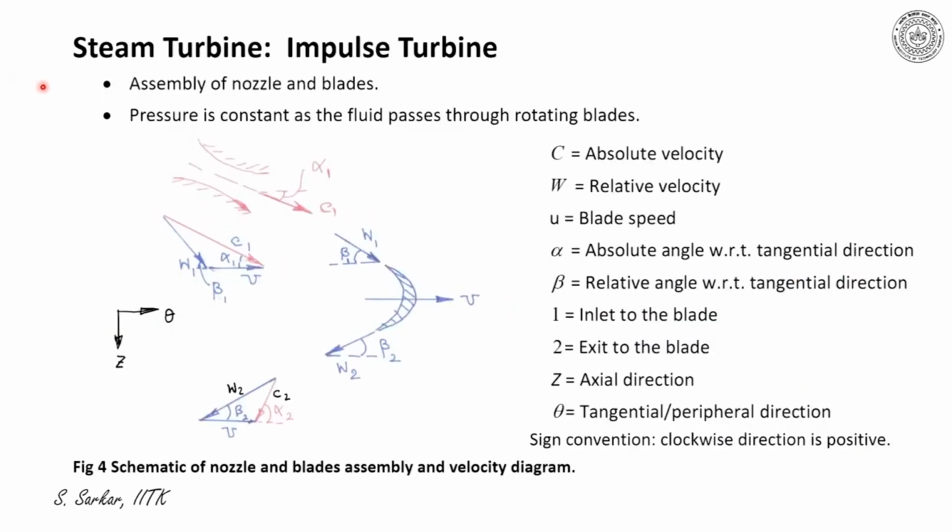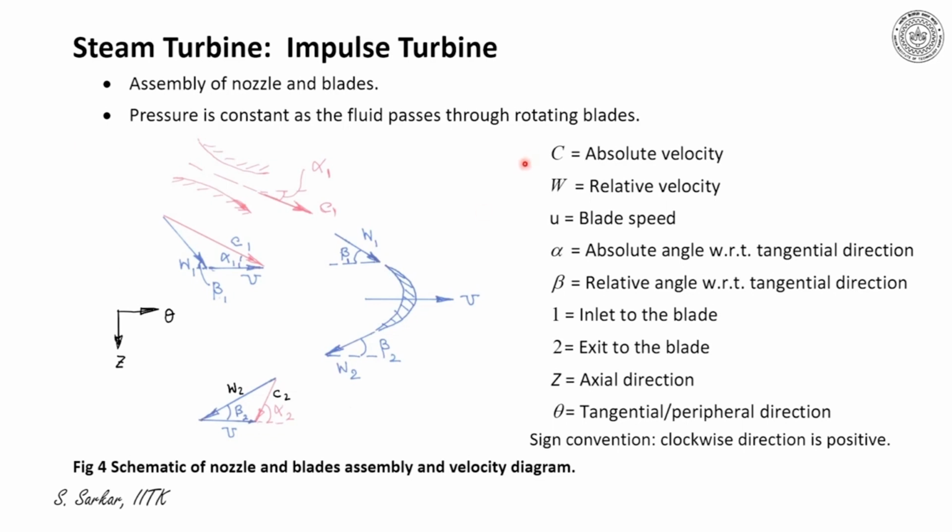I have discussed here about impulse turbine. Impulse turbine is an assembly of nozzle and rotating blades. The pressure remains constant as the fluid passes through the rotating blade.